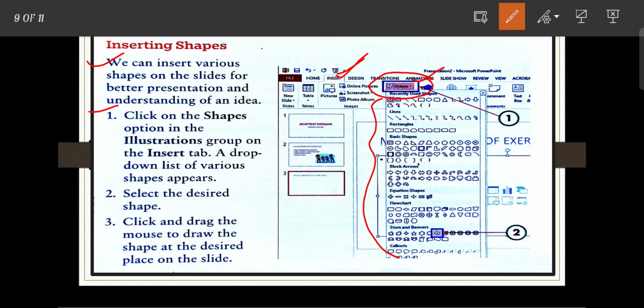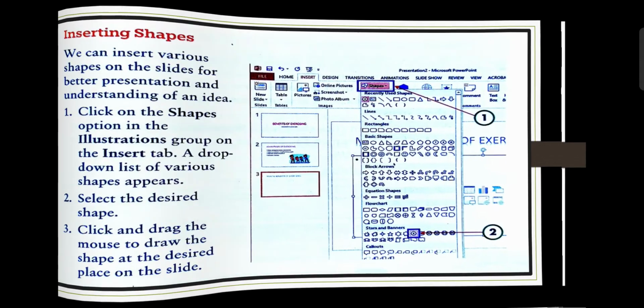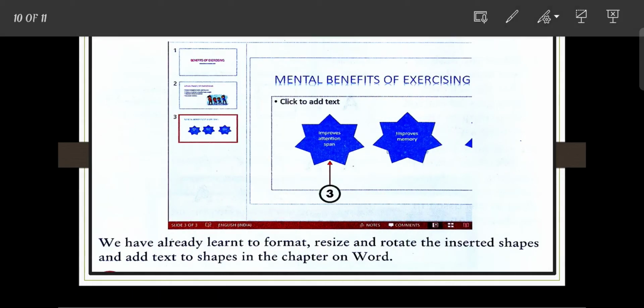Click and drag the mouse to draw the shape at the desired place on the slide. Here you can see this is the shape. You need to click and drag the mouse pointer to draw the shape at the desired place of the slide.